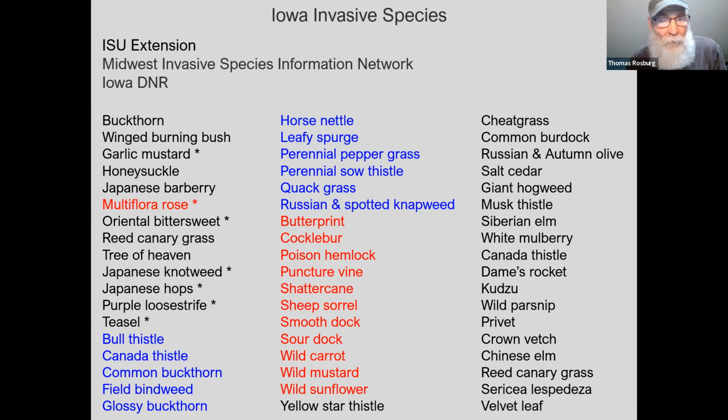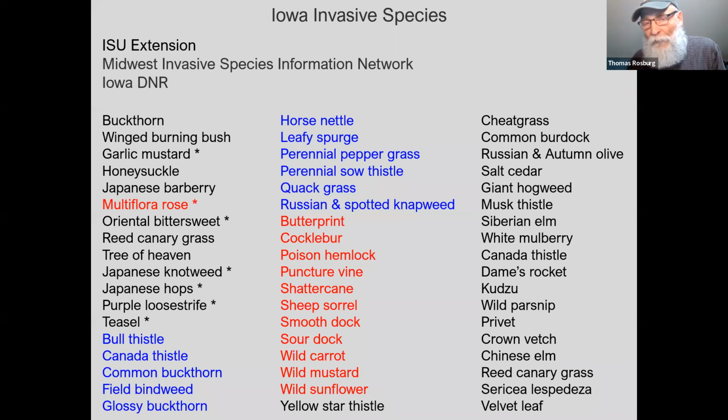And of course, a primary noxious weed would be one that is considered to be the biggest problem, causing the most problems, and needs to be controlled. The red ones are secondary noxious weeds. Then the ones with an asterisk, the Midwest Invasive Species website identified those as prohibited. So I'm assuming that means they're not available for sale anymore, at least. They probably were, but not anymore.